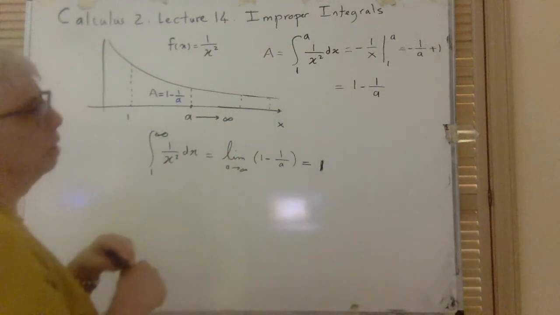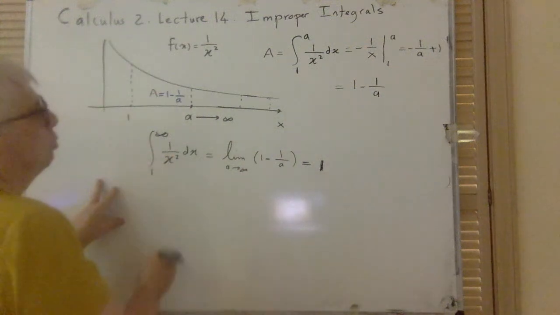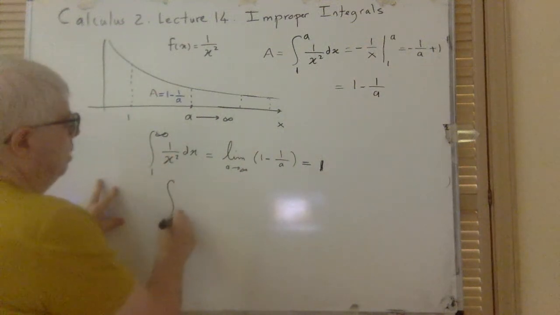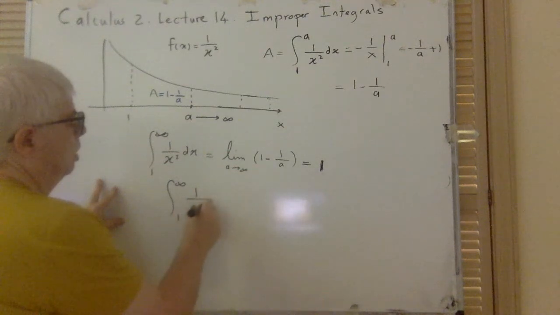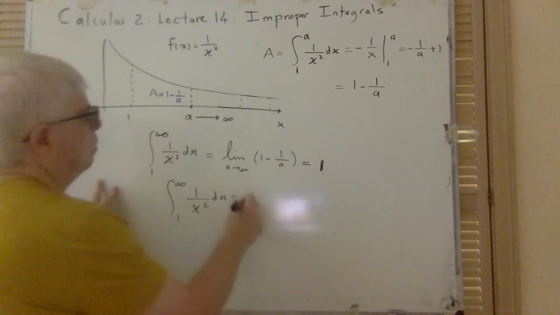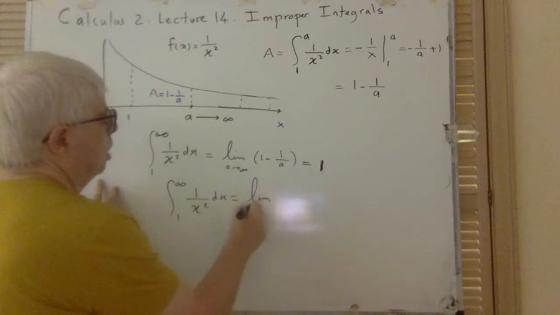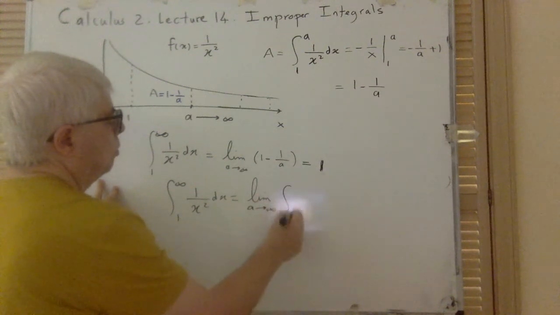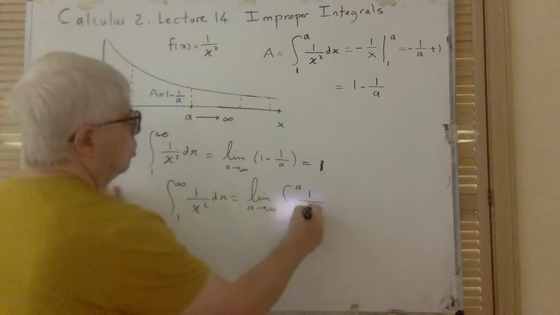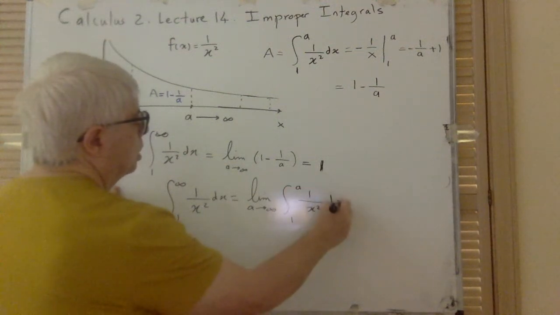From one side, it's not bounded. So this one, for example, is defined to be this thing, in fact. This is defined to be the limit as a goes to infinity of the integral from 1 to a of 1 over x squared dx.